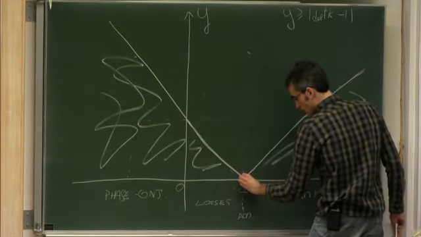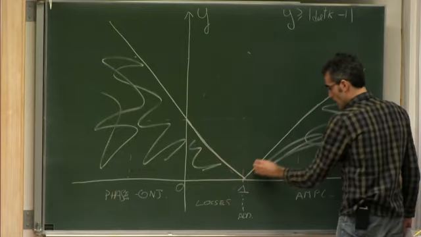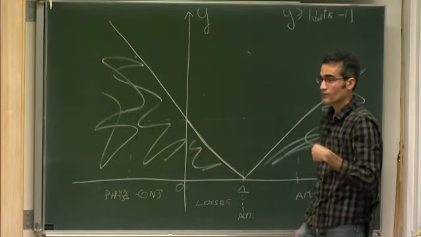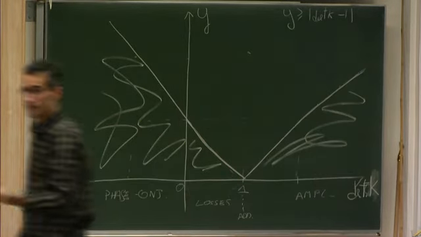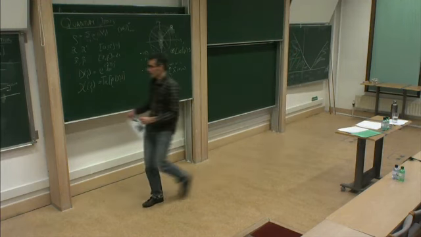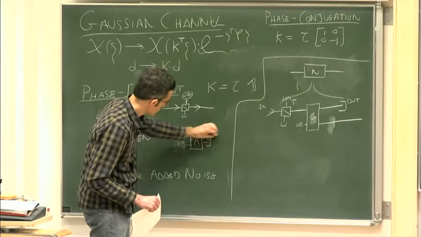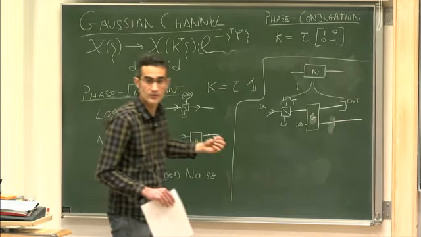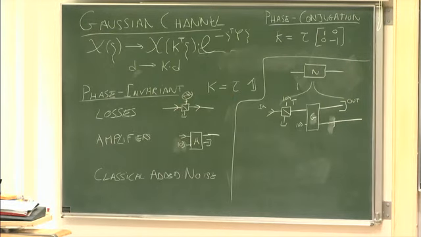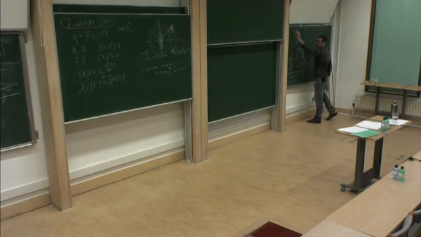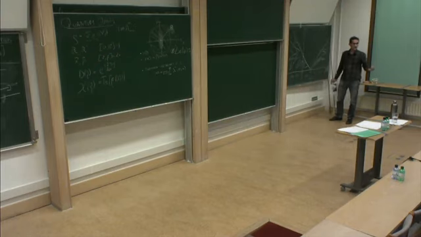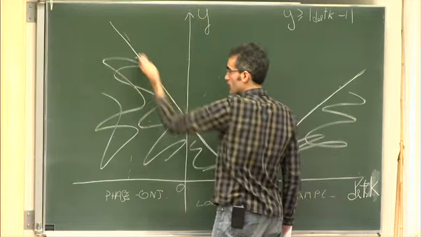This one corresponds to a quantum limited amplifier, basically this scheme where you have vacuum here and you trace this output. And this one here will be a quantum limited phase conjugation. And as I say, these channels are entanglement breaking.